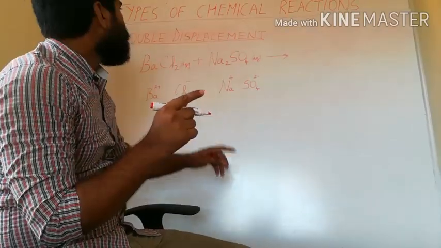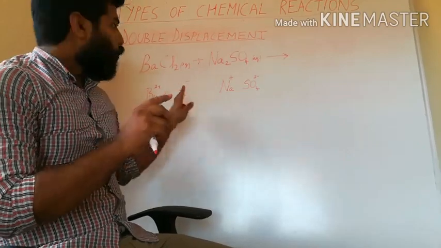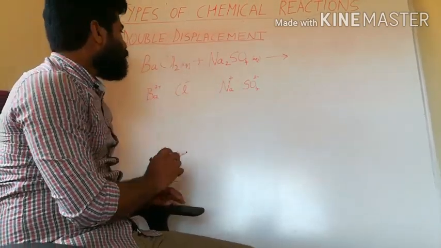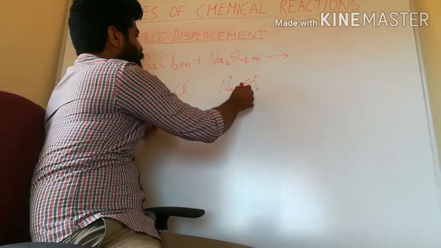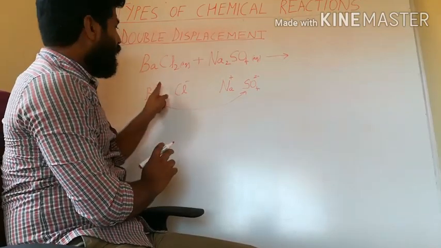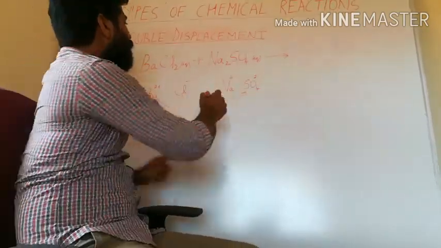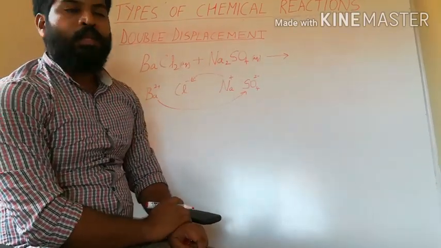Now that is because in a double displacement reaction, ions of both the reactants get exchanged. In this case, barium ion will exchange with sulfate ion. A cation and an anion is essential. Similarly, sodium will get exchanged with chlorine.